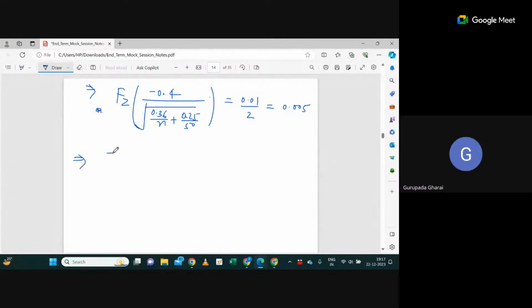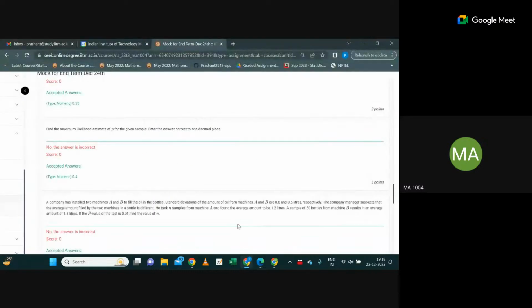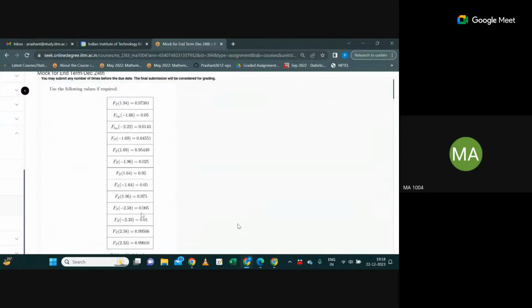Now what next? It will be minus 0.4 divided by square root of 0.36 divided by n plus 0.25 divided by 50 equal to FG inverse of 0.005. These things we have to look up; it should be given there. FG inverse of 0.005 is minus 2.58, right?